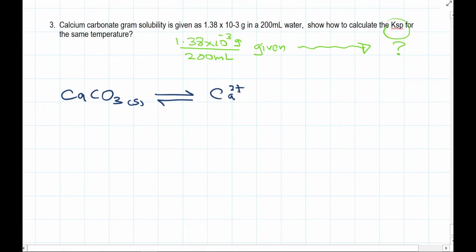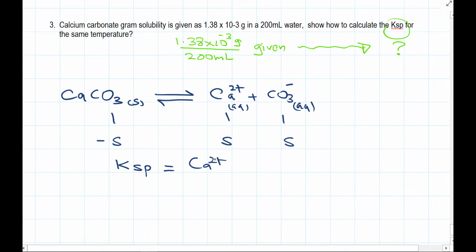Again, write the formula: calcium carbonate gives calcium 2 plus and carbonate 2 minus. It's an AB system, a simple one, 1 to 1 to 1. So that's the ratio, and we can put minus S and S.